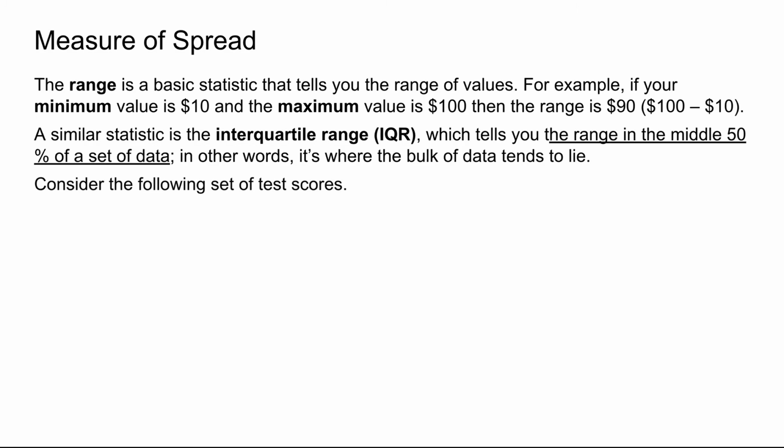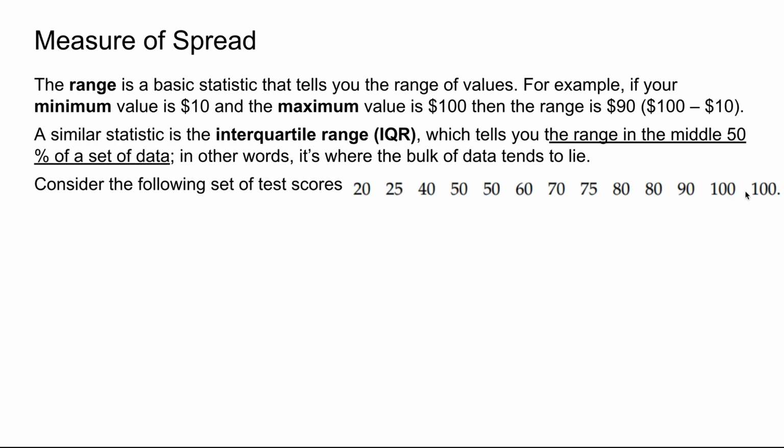So I want you to consider the following set of test scores: 20, 25, 40, 50, 50, 60, 75, 75, 80, 80, 90, 100, 100. How many data are there? 1, 2, 3, 4, 5, 6, 7, 8, 9, 10, 11, 12, 13. So it's an odd number of data, so you can find the median easily, right?